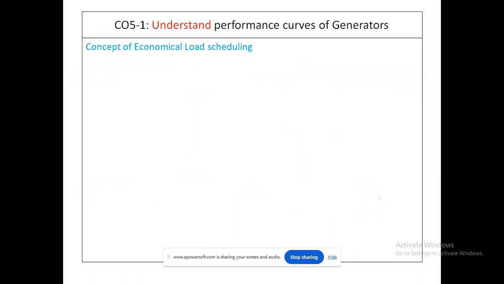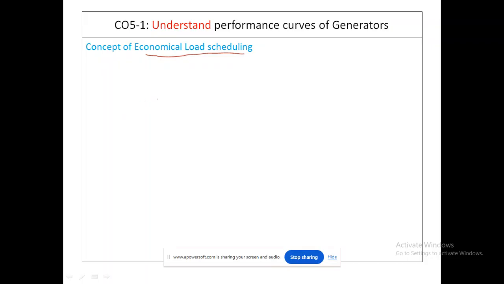Now, let us start. As I told you, our interest is economical operation. In economical operation, our first part is economical load scheduling. Let's have just the concept of this economical load scheduling.